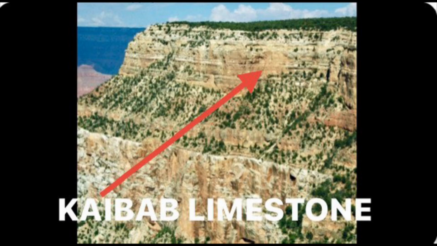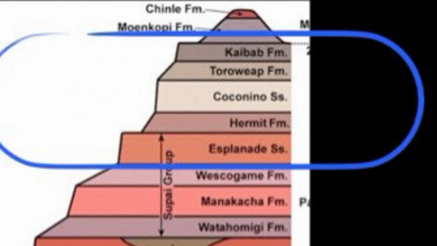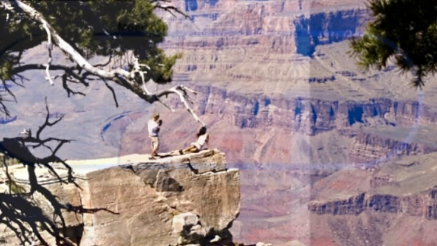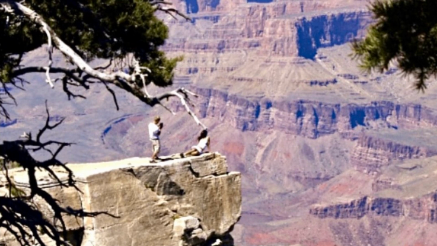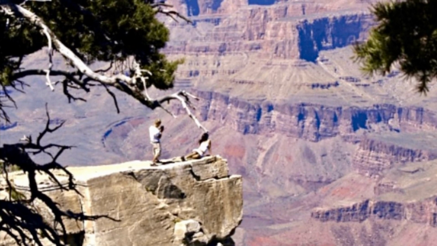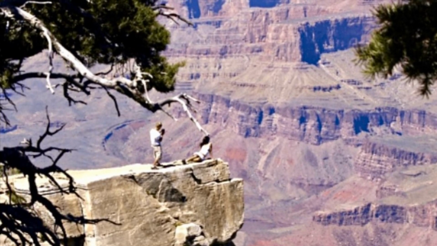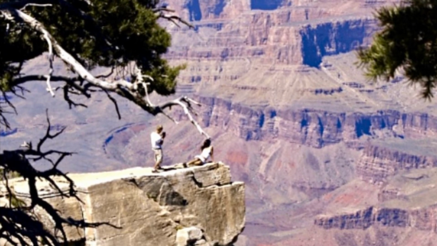This transgression spread a layer of limey mud across the area that became the Kaibab Limestone. Kaibab Limestone tops off the Grand Canyon, and when you're walking along the edge of the Grand Canyon, north or south rim, looking at this beautiful canyon, you're walking on the Kaibab Limestone.